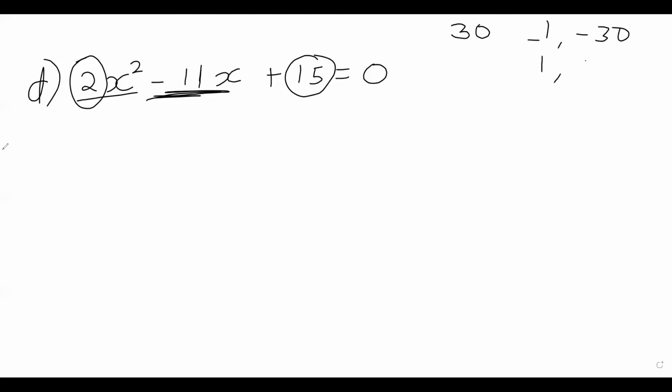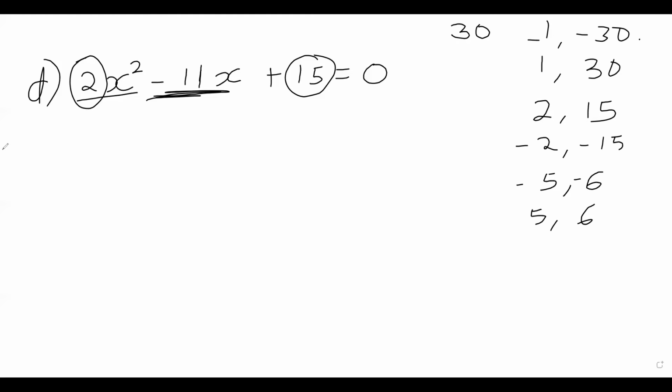Also 1 and 30 would work, and also 2 and 15, and also negative 2 and negative 15. And we also have negative 5 and negative 6, and also 5 and 6 will still work.